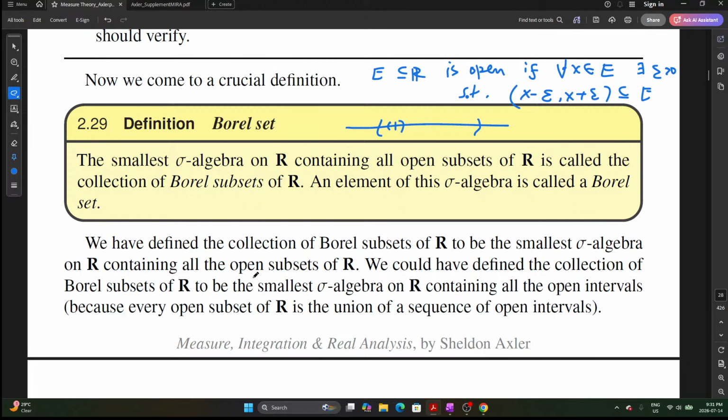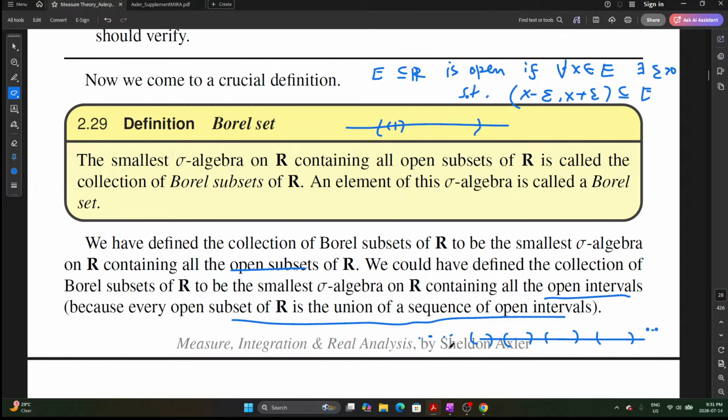Open sets and open intervals aren't the same, but every open set of R is a countable union of open intervals. This is a standard result from basic real analysis. So basically, open sets on R can only look like this, and so on. That's a nice little result.